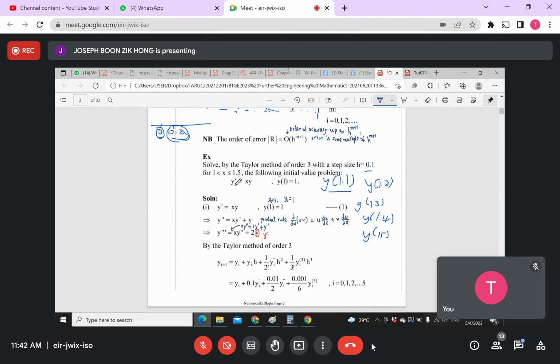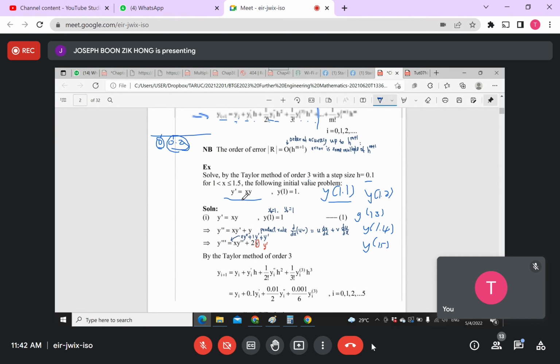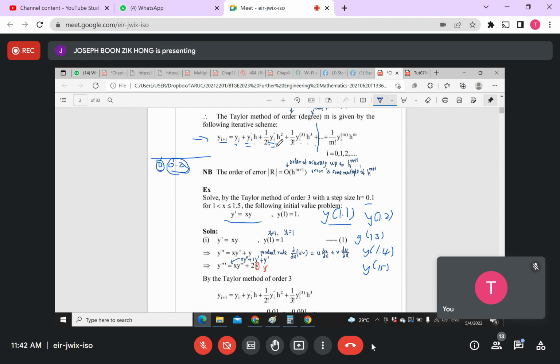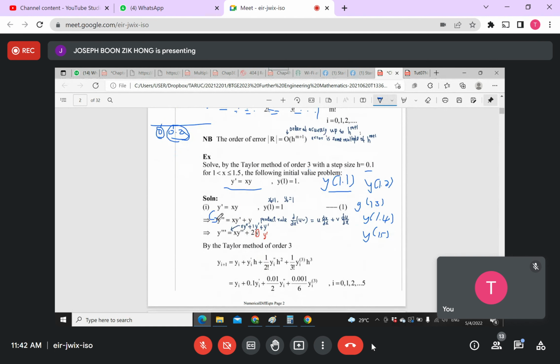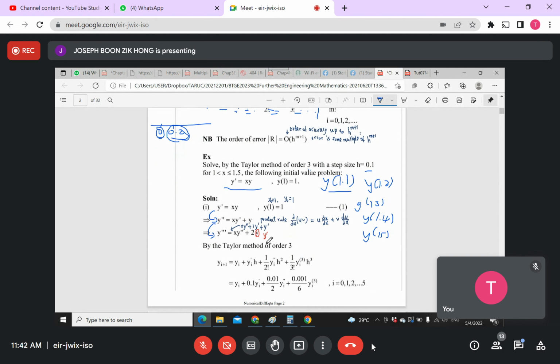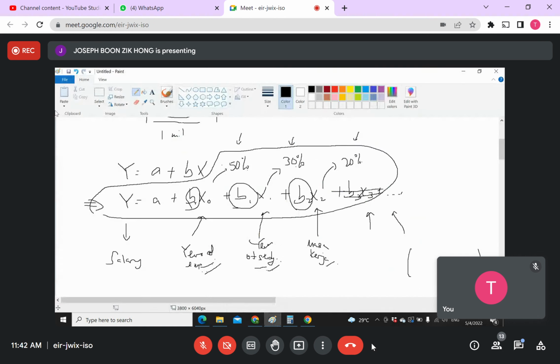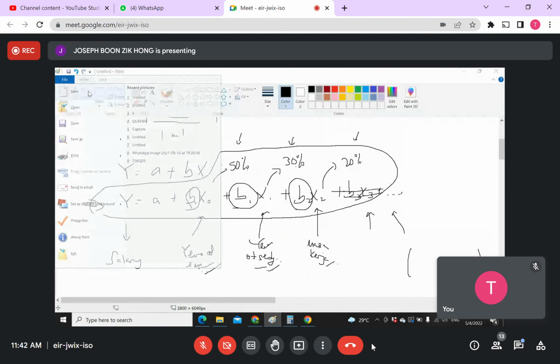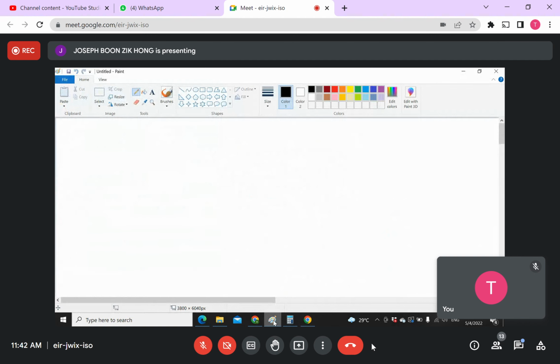Okay, so now let's see how we're going to do it. First we know that our equation is y prime equals xy. I need y prime, y prime prime, and y prime prime prime, until the third order. So how do I differentiate?